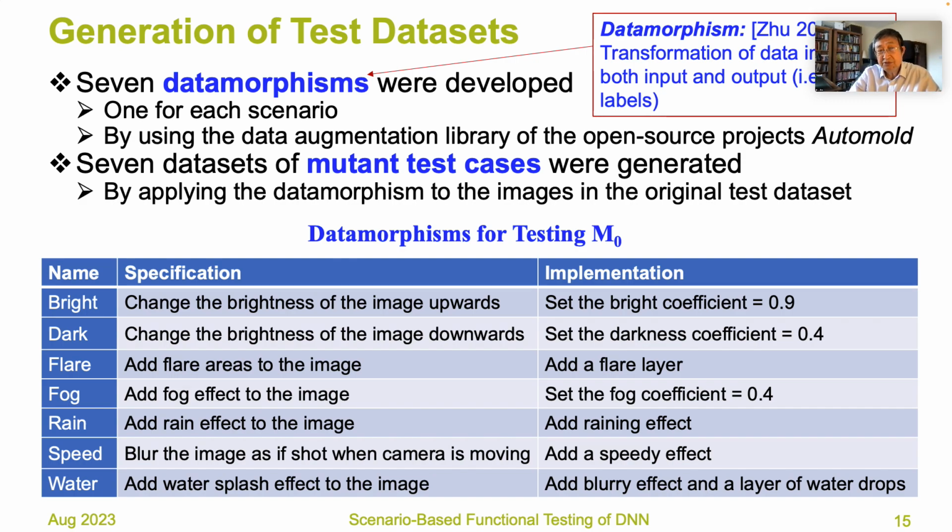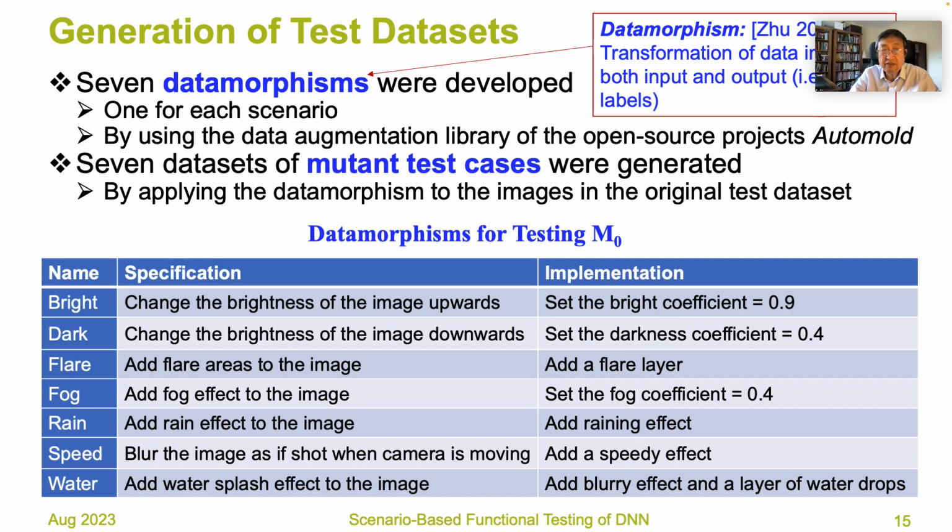So to diagnose whether these kinds of scenarios are really the cause of the problem, we need to generate a lot of test data to statistically confirm that this kind of problem is really the weakness of the model.